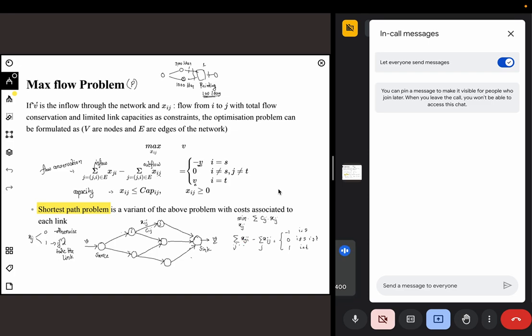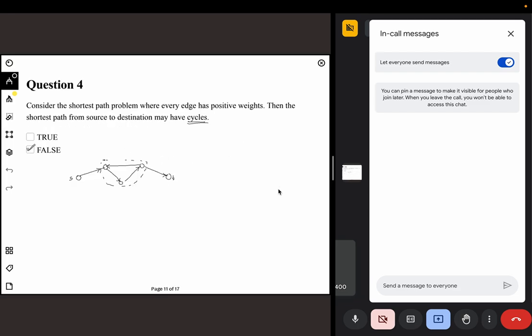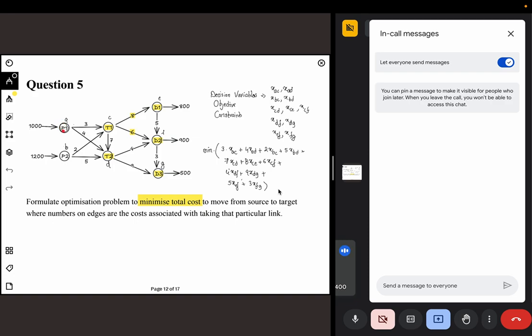So if you see that now here, which question? Fifth question, right? If you see that here for P1 there are no incoming nodes. So sigma Xj, it's a source node. So for P1 node it will be 0 minus whatever is outgoing. What is outgoing? XAC minus XAD.